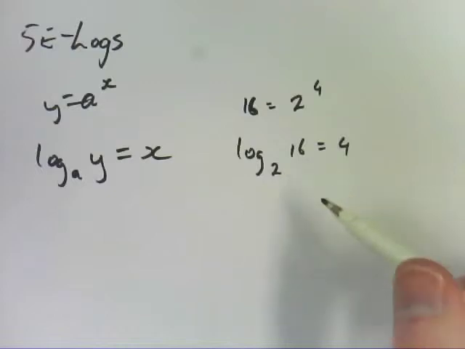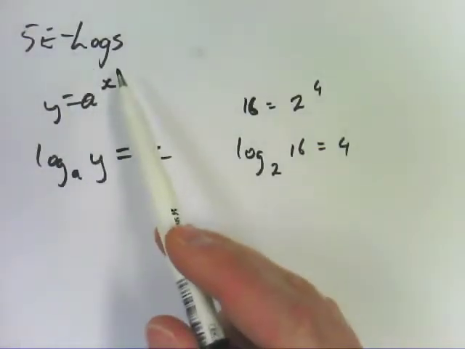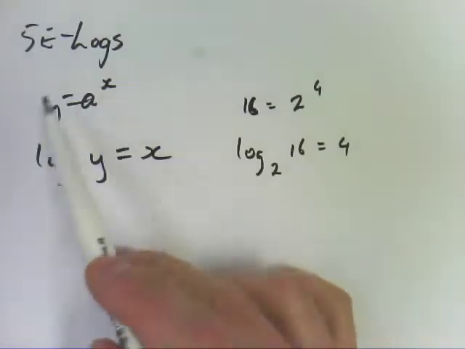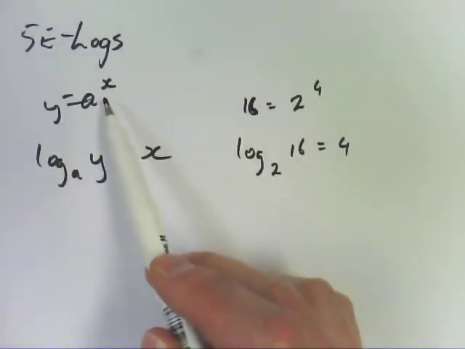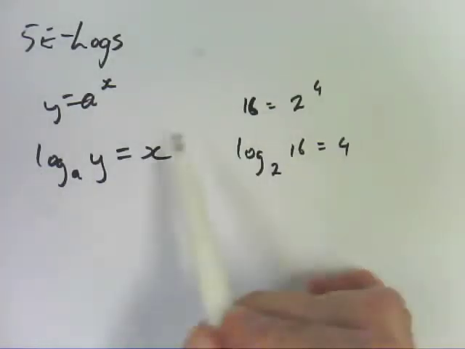Like index laws, there are a whole heap of nice, cool rules when it comes to logarithms. Because this is an index law thing, with these exponentials you can mess around with index laws. Now we're going to talk about how those laws transfer over to here.